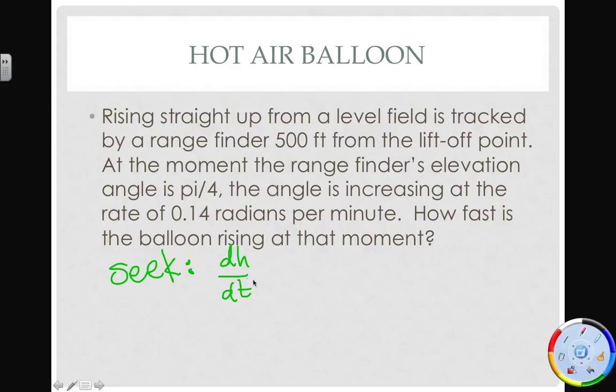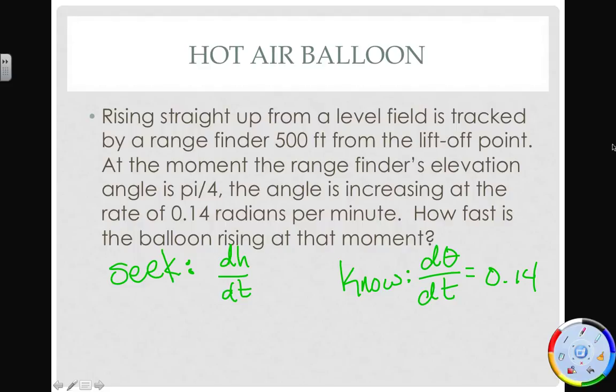How fast is that increasing? And we know another rate because it tells you the angle is increasing at the rate of 0.14 radians. For angles, we like to use the letter theta, so the derivative of theta with respect to time is 0.14. So that's that first step: I figured out what I want and what I know.